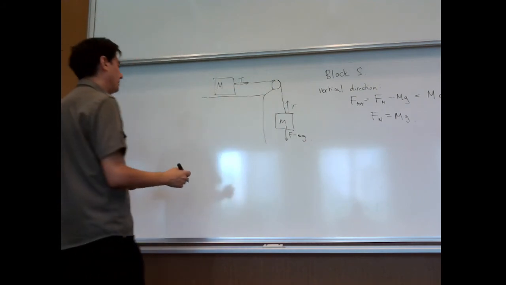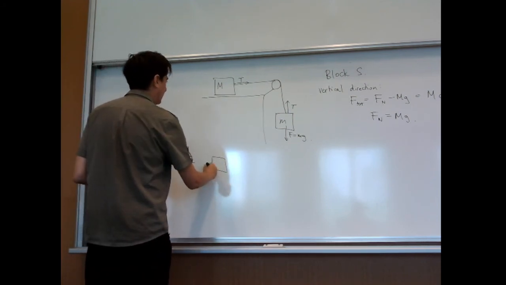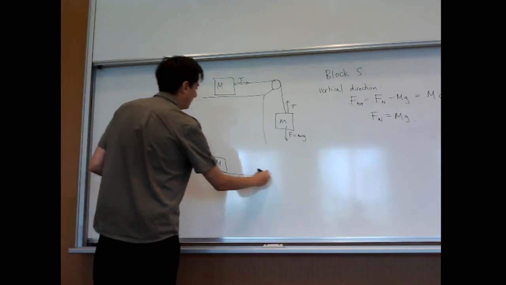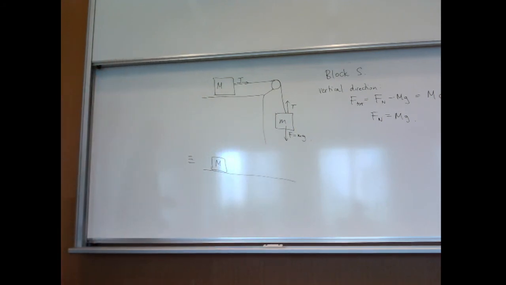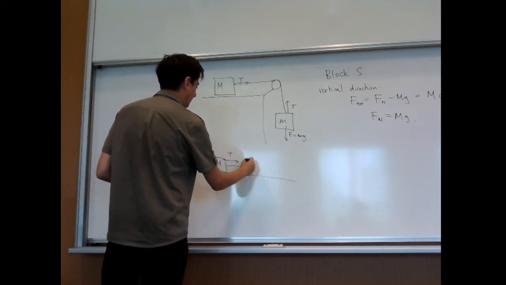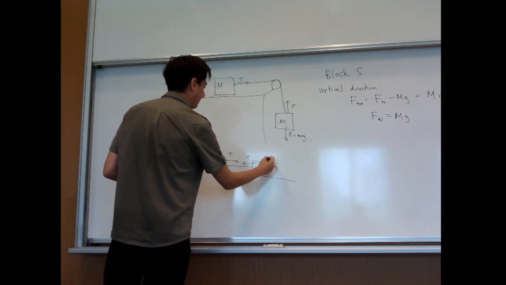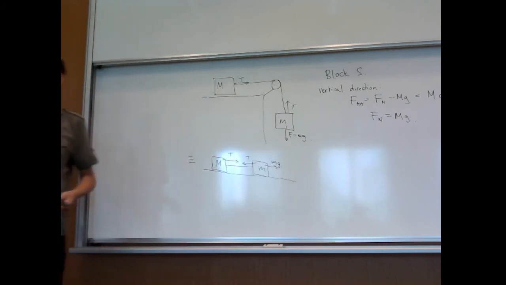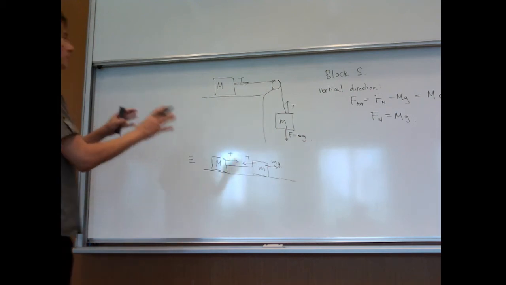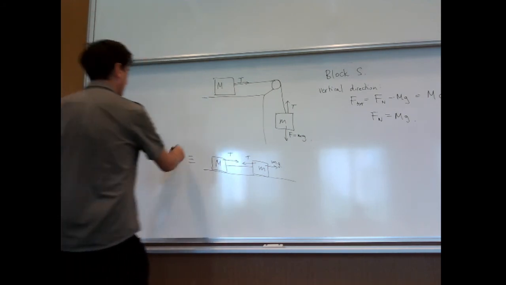Some people like to draw an equivalent diagram where everything's in flat space, where they just reorient everything like this. Some people like to do that. Actually, I think I prefer just to keep it like this, because when you start to modify the physical system, you can maybe make a mistake somewhere. But some people like to do that.